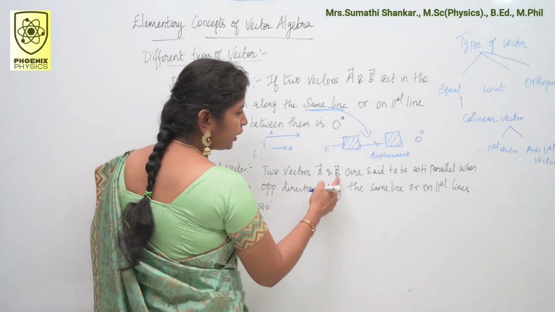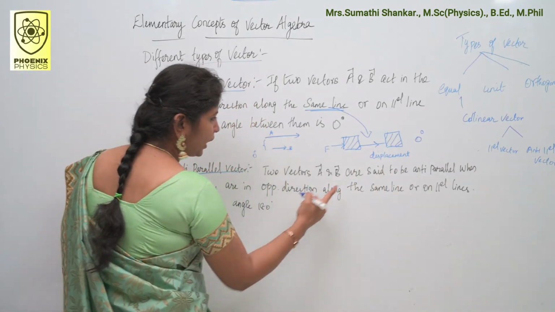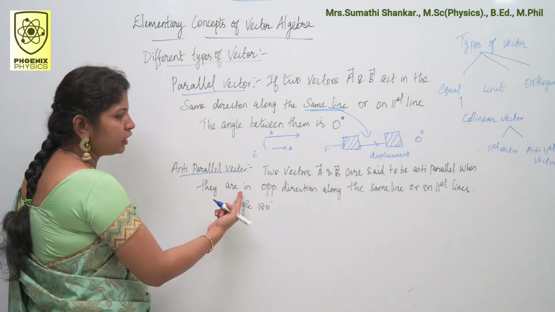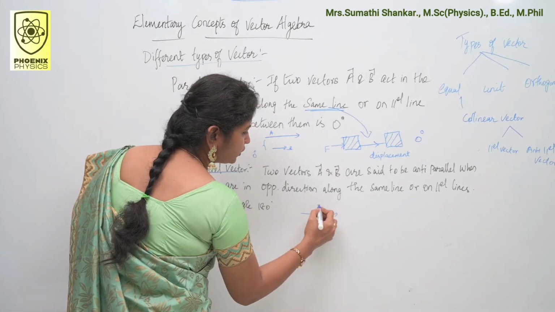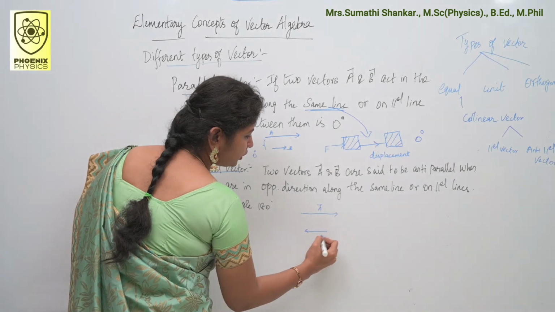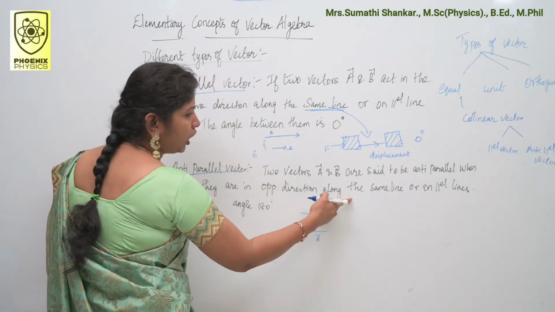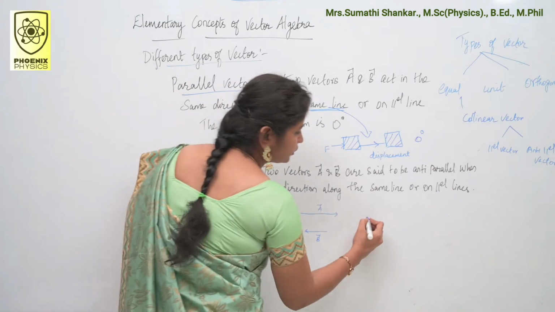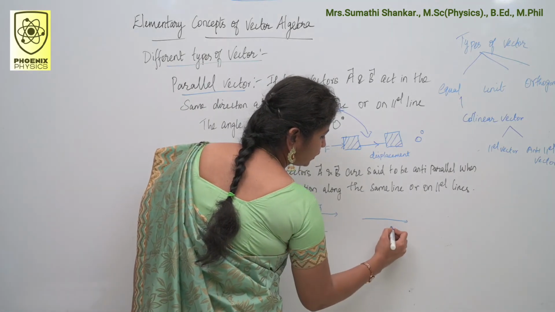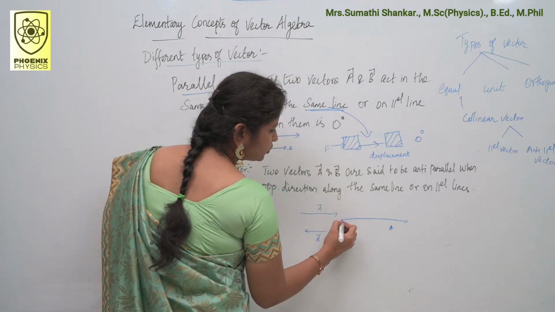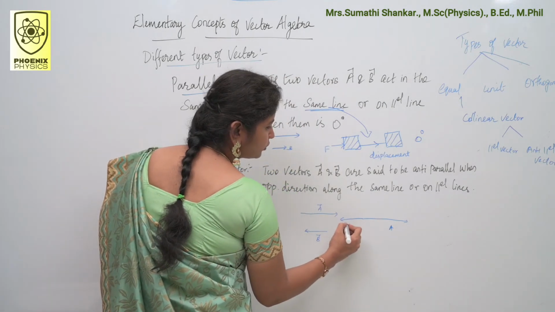Next one is anti-parallel vector. Two vectors A and B are said to be anti-parallel when they are in opposite direction like this. So this is my A vector and this is my B vector. Along the same line means like this. So this is my A vector and this is my B vector.